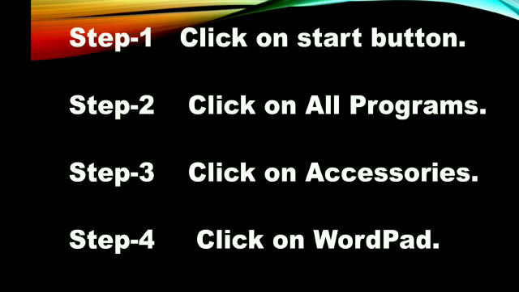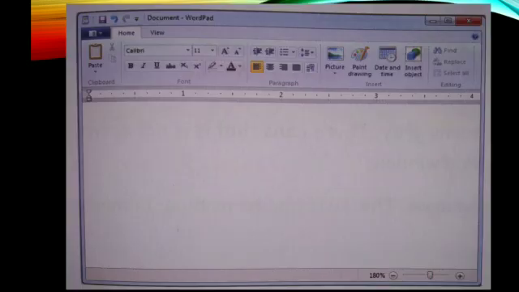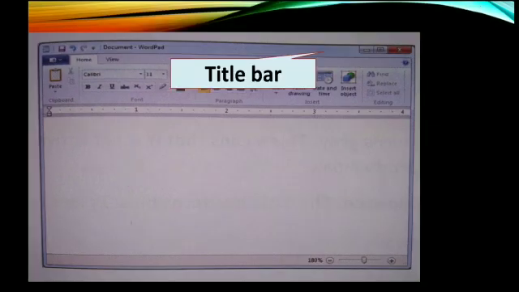Step 3. Click on Accessories. Step 4. Click on WordPad. The WordPad window will be displayed. The topmost blue bar of the WordPad window is known as the title bar.